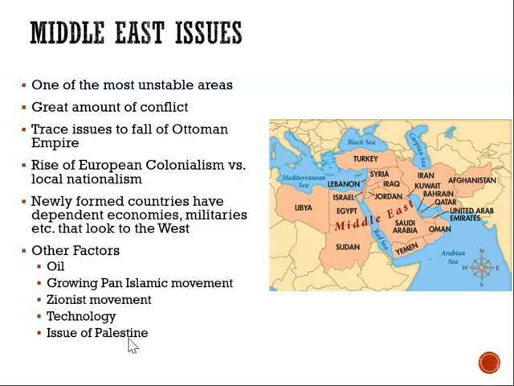And then I've added technology, I think, because growing in the 20th century, we know technology grows, telephones, television, but increasingly now in the past several years, the growth of the internet, cell phones, social media, these all are having a profound impact on the Middle East, as I suppose they are elsewhere too.